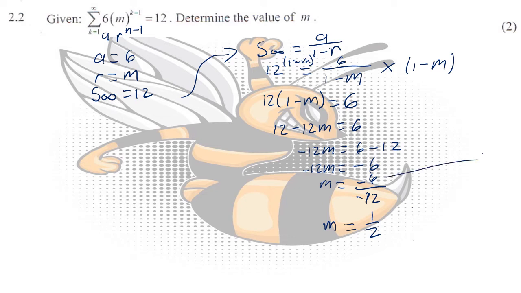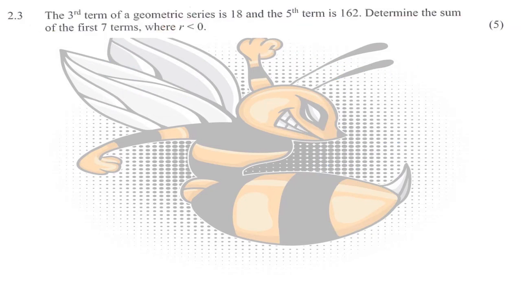Now, for the next question, we have the following information. The third term of a geometric series is 18 and the fifth term is 162. Determine the sum of the first 7 terms where r is smaller than 0.